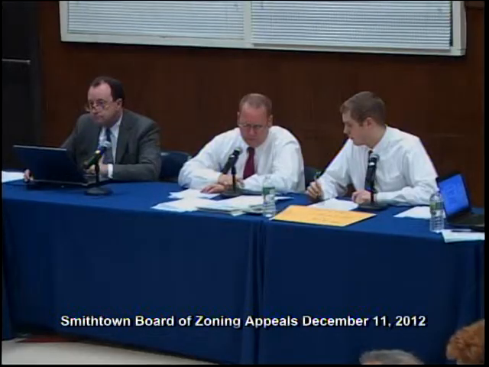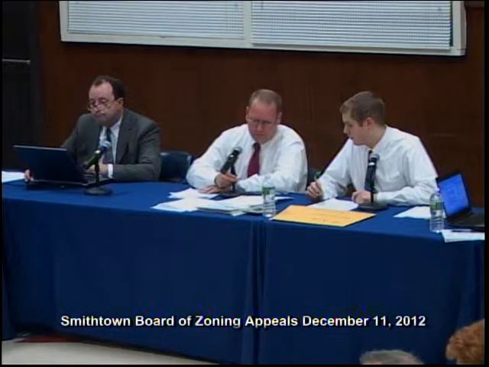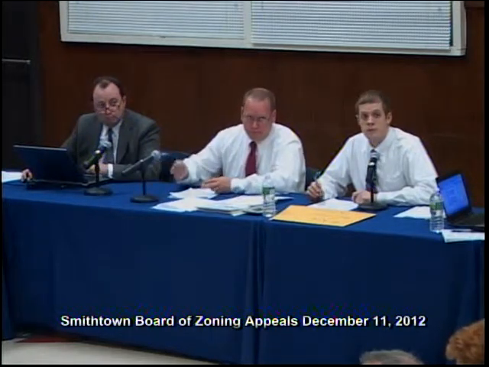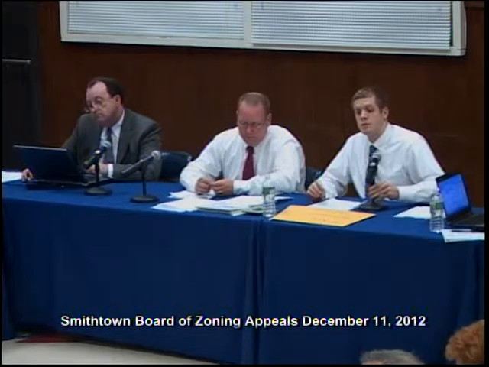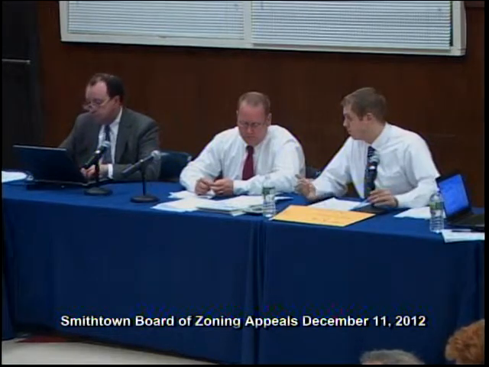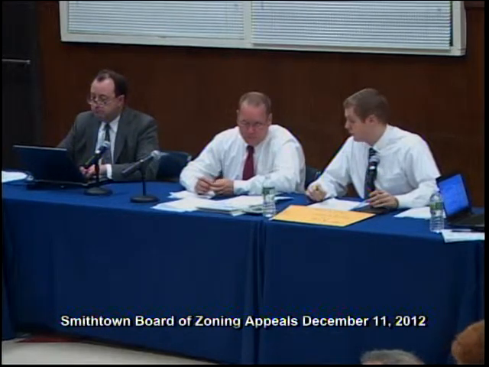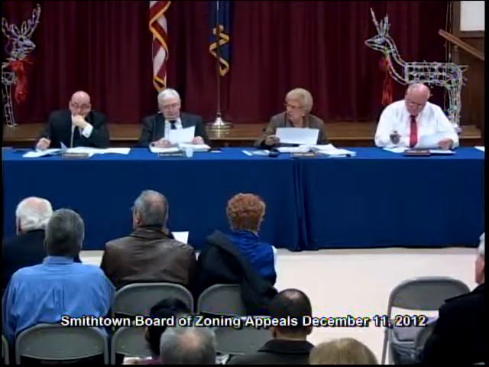So if it's their fence, it shouldn't be on the church property. I don't know whose fence it is. I'll find out. Tom? It's not your fence. No, it's not our fence. Does it belong to the church? I don't know. It doesn't belong to us, though.